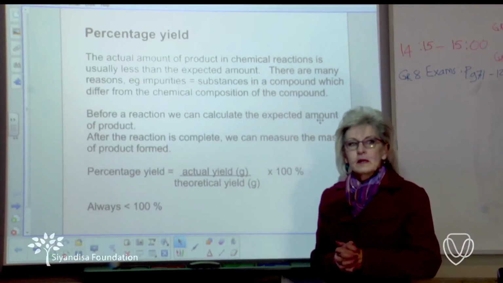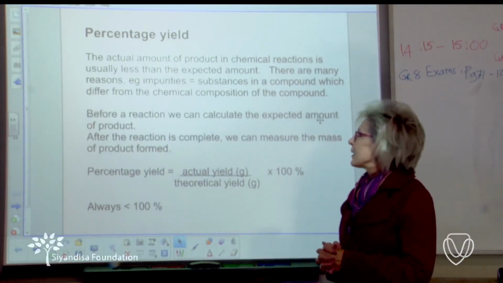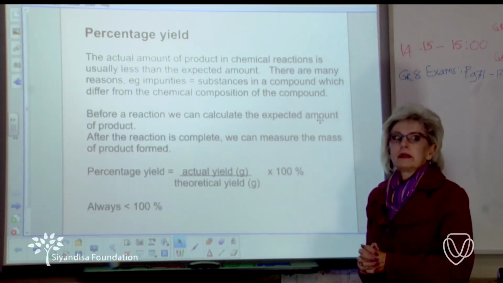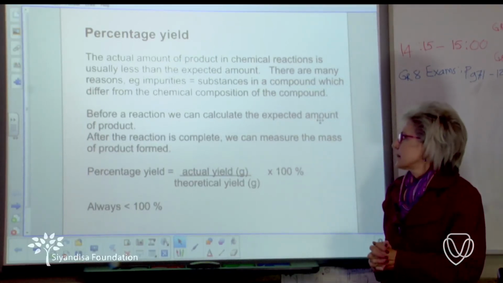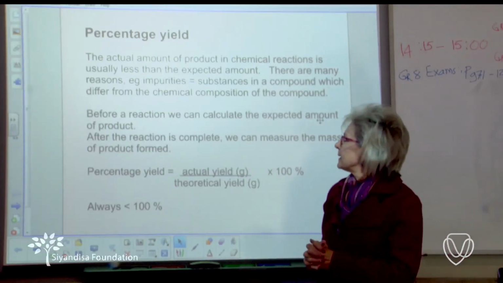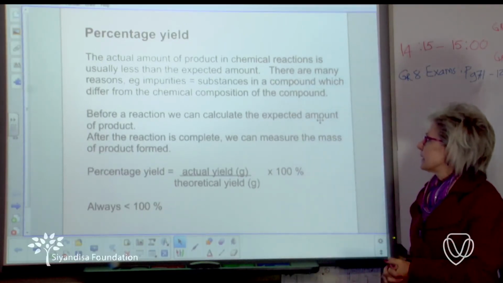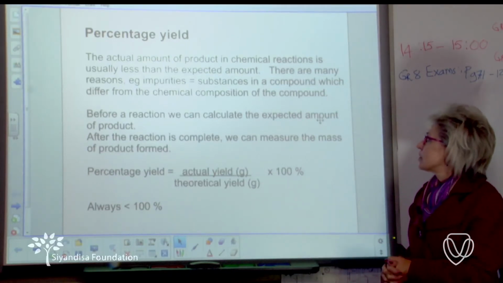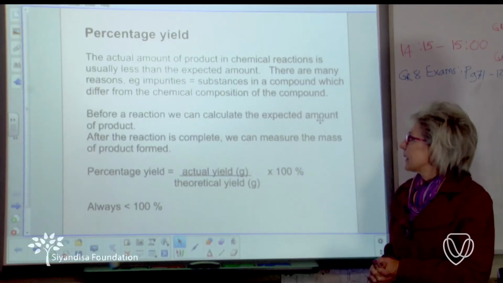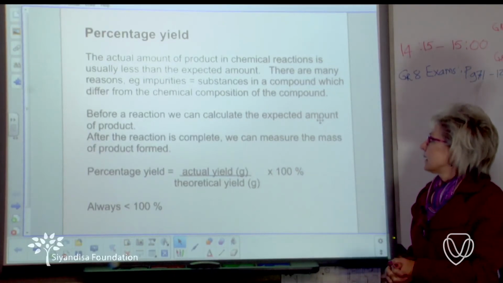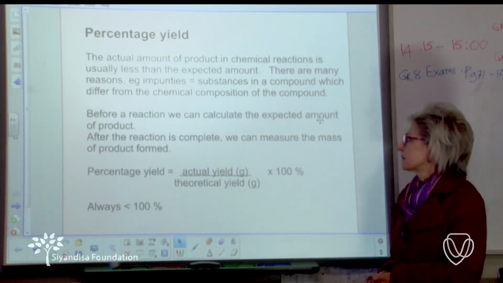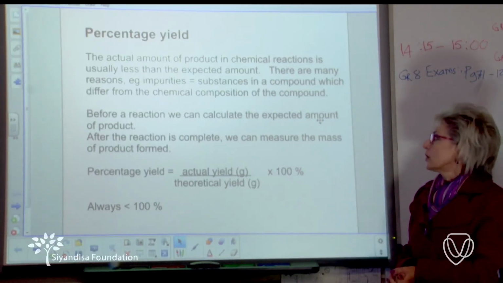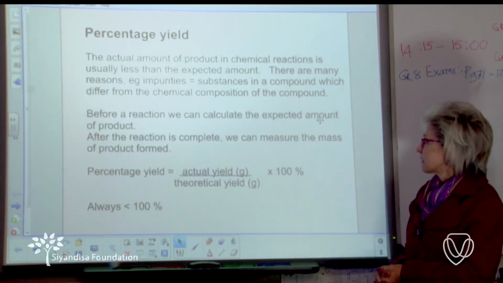A very popular one lately is where they ask you for a percentage of yield or just a percentage of a mass that needs to be calculated. So what is percentage yield? The actual amount of product in chemical reactions is usually less than the expected amount. There are many reasons, and one of the main reasons, of course, being impurities. Those are substances in a compound which differ from the chemical composition of the compound.